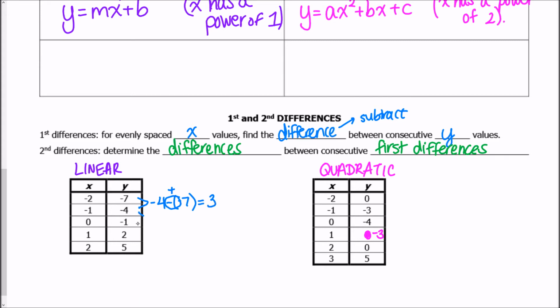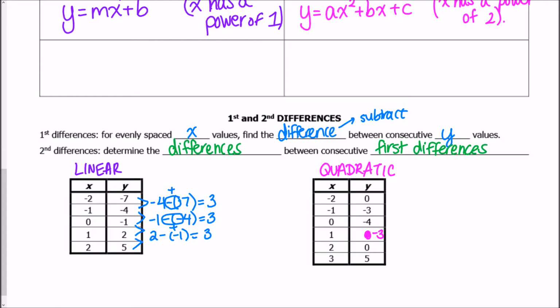Okay, let's do this one over here. I'm going to do -1 minus -4. The double negatives here turn into a positive, so I end up getting -1 plus 4, and if I were to calculate that, I would get 3. Okay, for the next one here, it would be 2 minus -1, which is also 3.